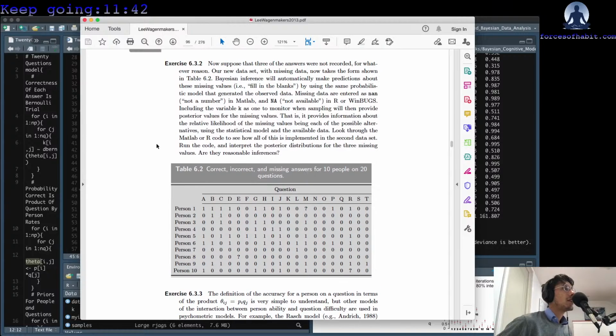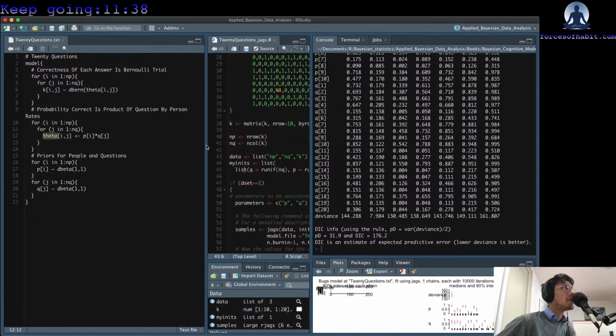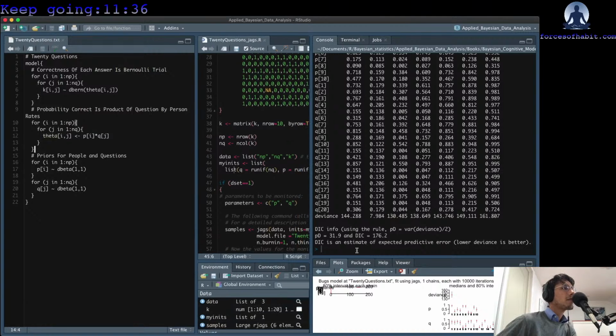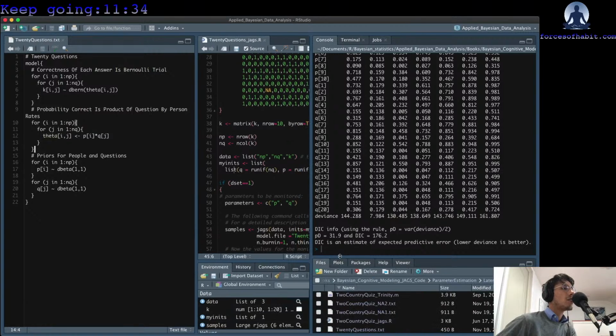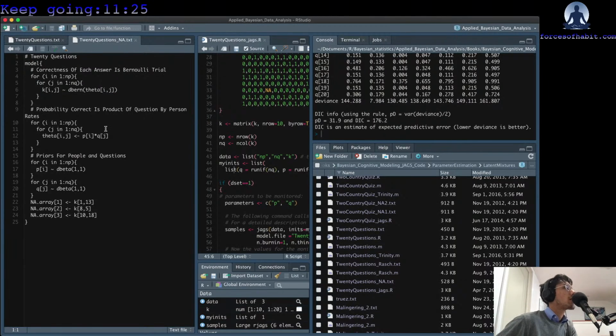So let's go check out if we got some reasonable inference here. And it looks like this is also implemented in a different script. So it uses a different text. So we have 20 NA here. So priors for people and questions.